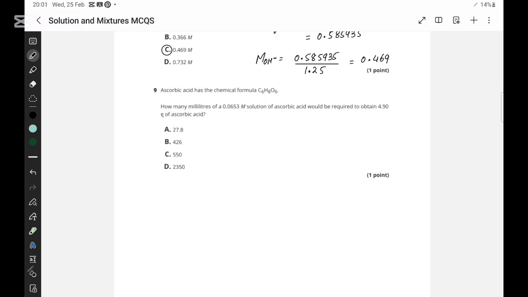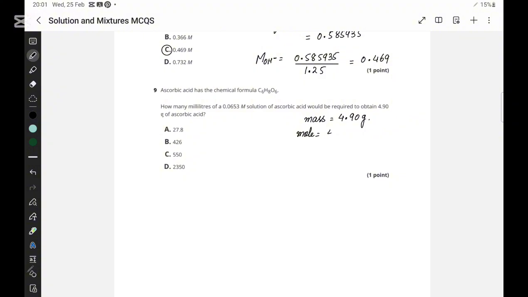Ascorbic acid has a chemical formula C6H8O6. How many milliliters of a 0.0653 molarity solution of ascorbic acid would be required to obtain 4.90 grams of ascorbic acid? So mass here is going to be 4.90 grams, and first I need to find out the moles.